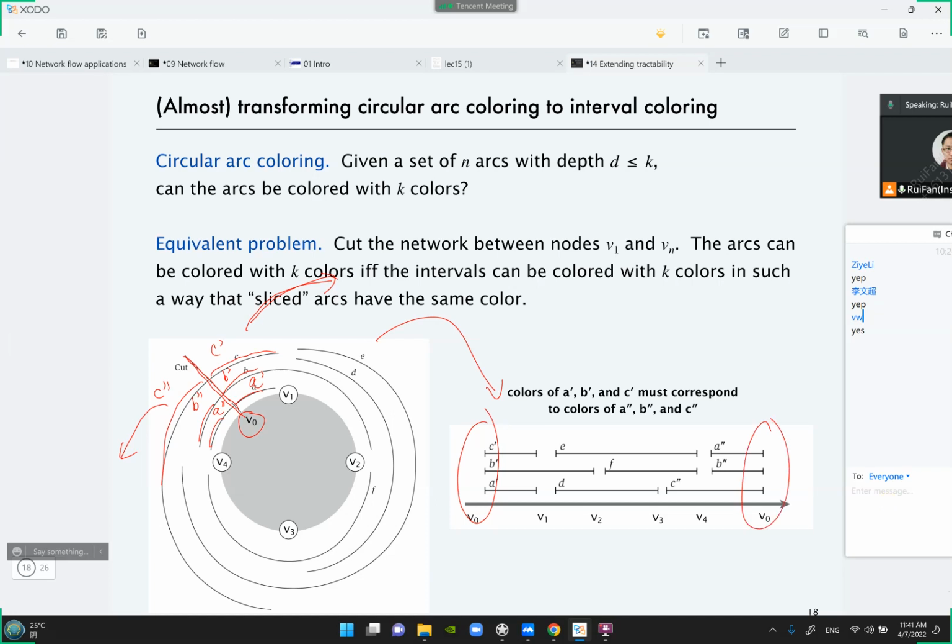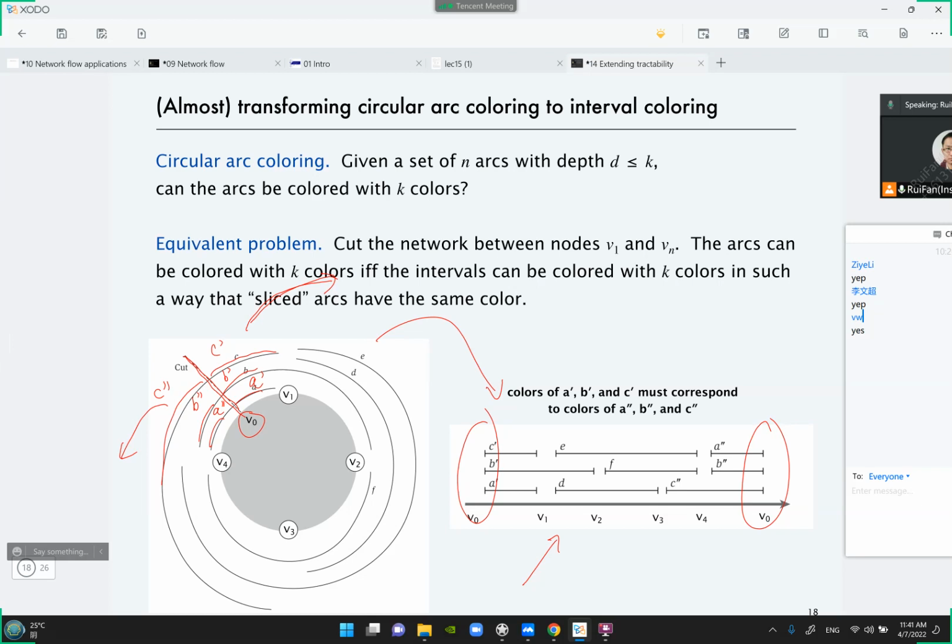Once you pull apart this thing, you get this situation, and now this situation is just interval coloring. So we've actually somehow transformed circular arc coloring to this interval coloring problem.